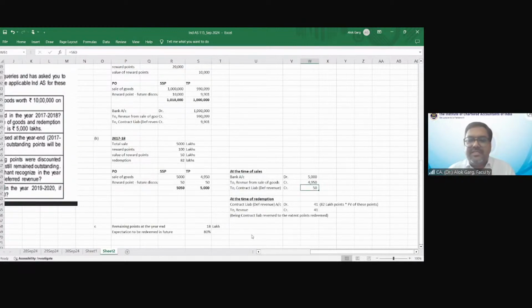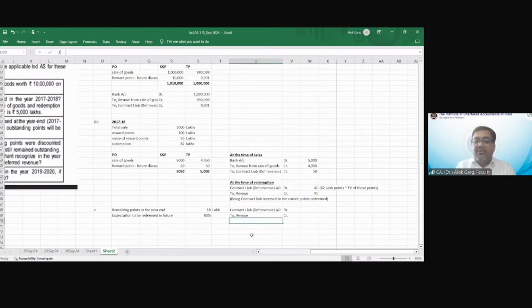But the question says that out of 18 lakh reward points, they are expecting that 20% are not going to be redeemed. What does it mean? It means to the extent of 20%, we need to reverse the contract liability itself. So again, in question number C, contract liability debit to revenue.